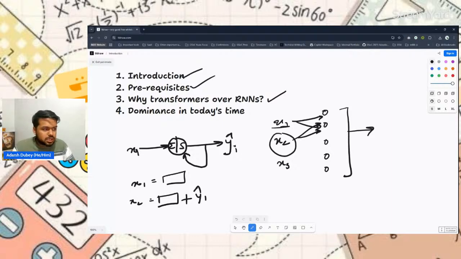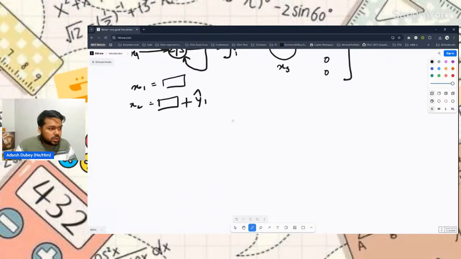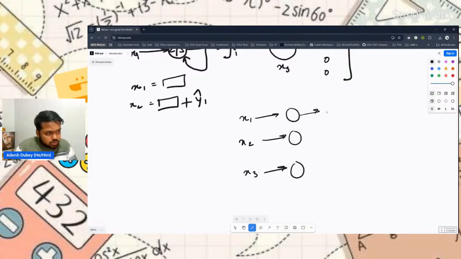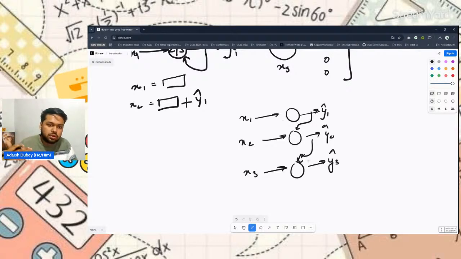But one big problem is this. I'll draw a general unroll of an RNN. So there is x1, x2, and x3, and all of these have outputs, and then it goes like this. So this is basically unrolling the recurrent neural network.